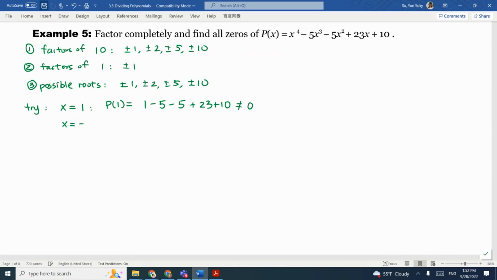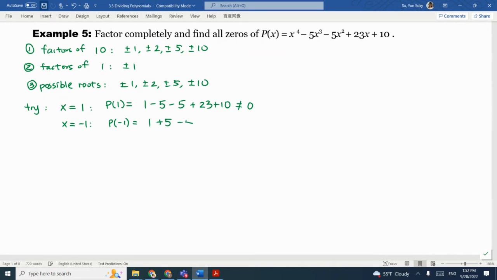Okay, we keep going. -1. So -1 to the 4th is what? 1, yes. -1 cubed is -1, so the negative becomes +5. -1 squared is 1, right?